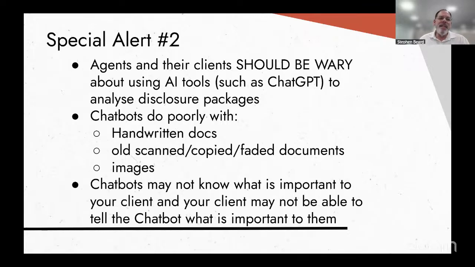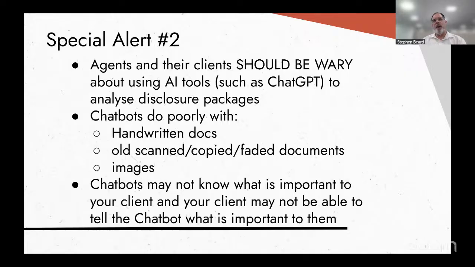Those are pretty significant downfalls. But I would say the third problem, the third bullet here, is the most important problem. The AI that your client uses may not know what is important to your client. And your client may not be able to tell the AI what's important to them. So the usefulness of the AI is limited.